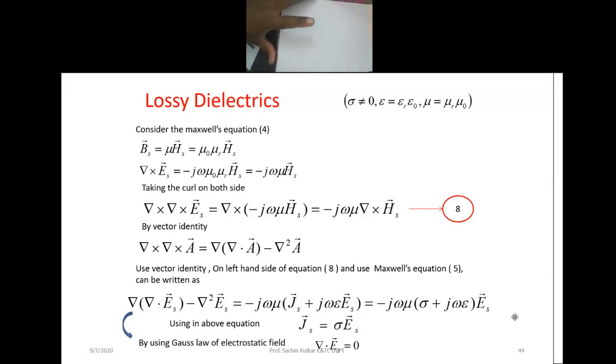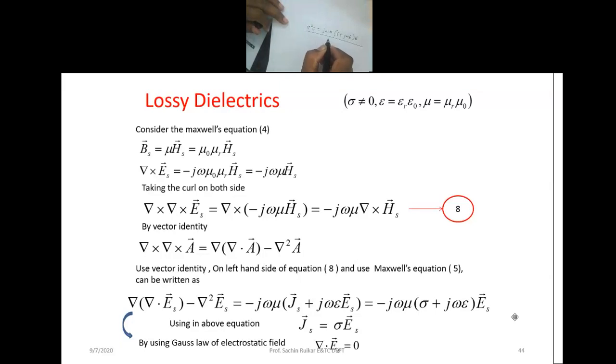For a lossy dielectric medium, we get del square E equal to j omega mu sigma plus j omega epsilon times E. So this is the wave equation, and we write del square equal to j omega mu times the bracket sigma plus j omega epsilon.